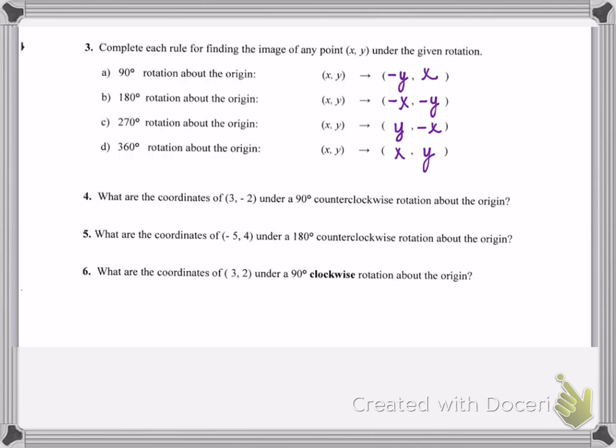So what's happening here is for the first one, we are flipping the x and the y and changing the first sign. For 180 degrees, we are changing the signs.